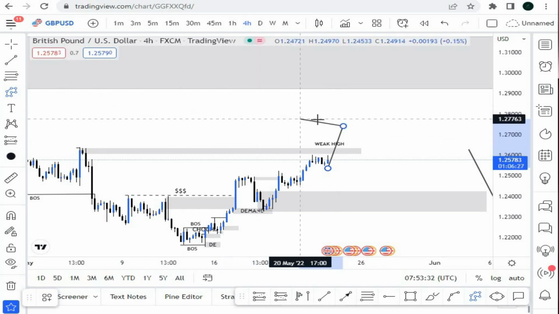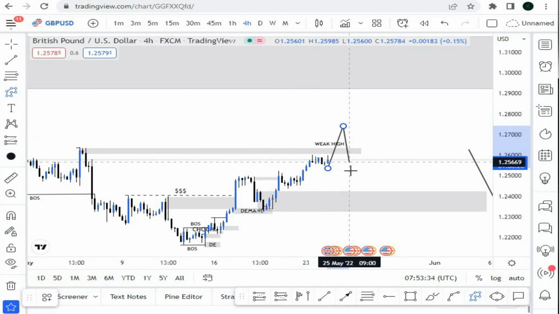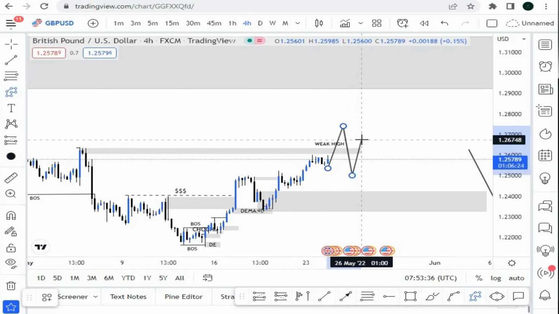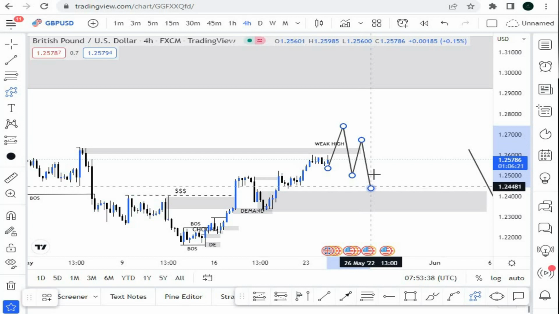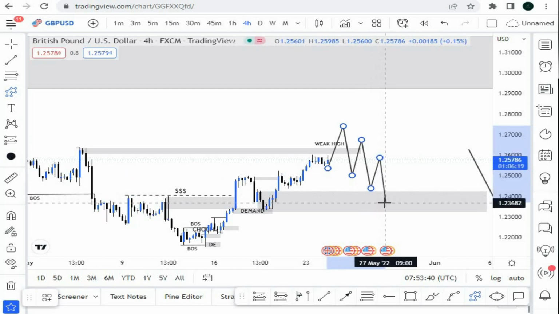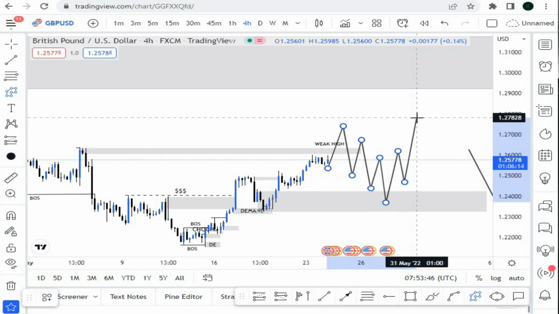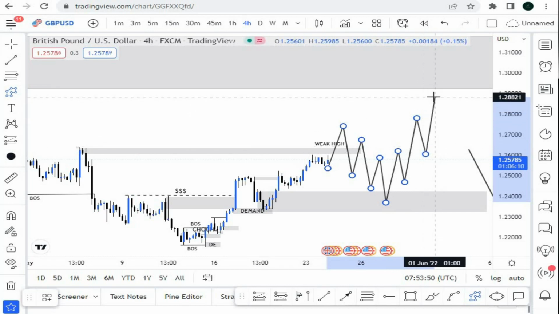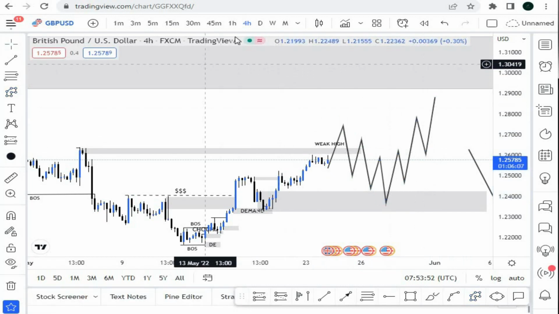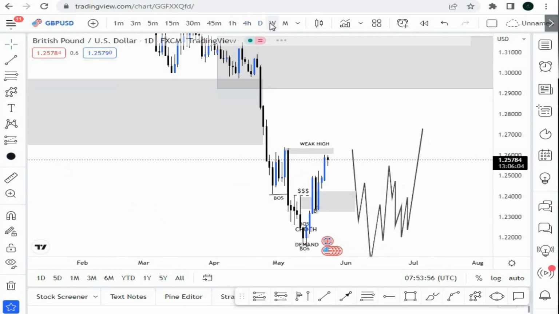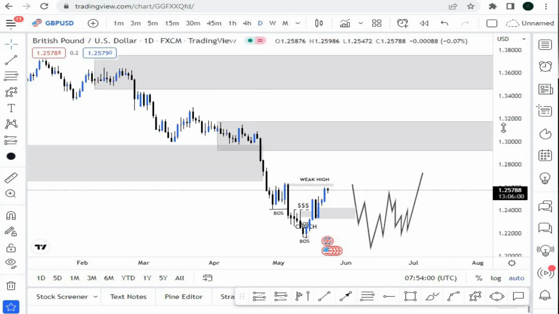If there's a supply zone, then the price may also do something like this, giving you a correction. Then you expect a change of character, then the price will continue going up to those supply zones which we found in our weekly as well as from the monthly time frame, something like that.